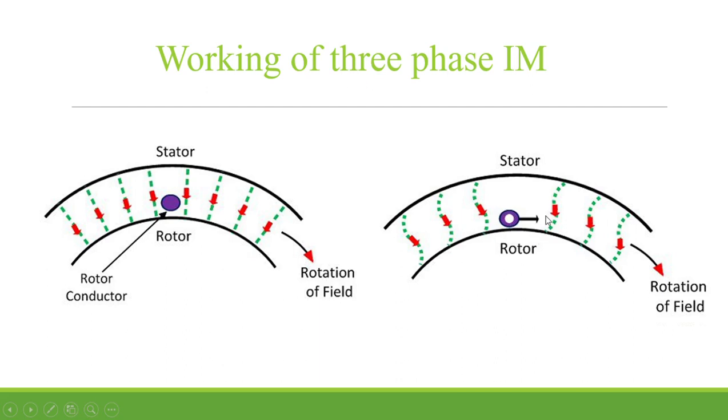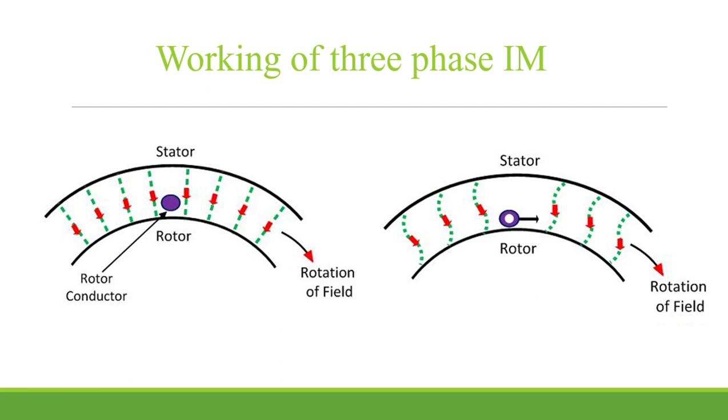So it will try to cover that relative speed and make the relative speed zero, but it is not practically possible. So the rotor speed will never reach the synchronous speed, but it will try to reach the synchronous speed. If suppose the rotor speed becomes equal to synchronous speed, then there will be no relative speed, the relative speed will be zero, so no current will flow and no torque could be generated.